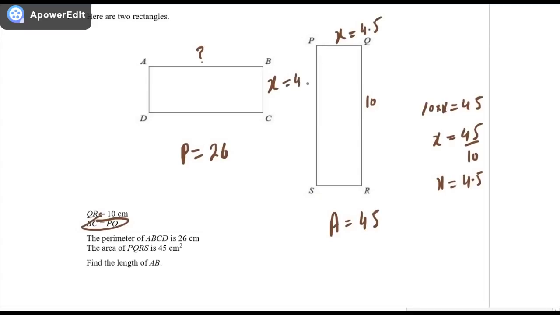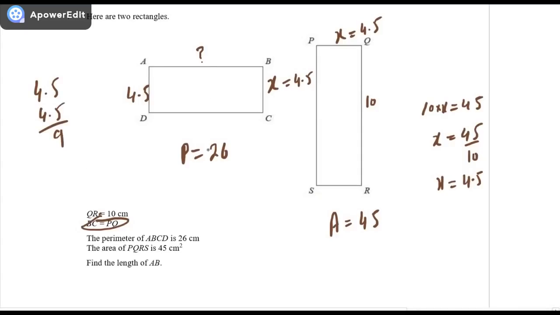So this is 4.5. This is a rectangle, so the opposite side is going to be equal. So this is 4.5 as well. When you add these two, 4.5 plus 4.5 is going to be 9. The other two sides are going to be equal, so we need to find this side and this side.